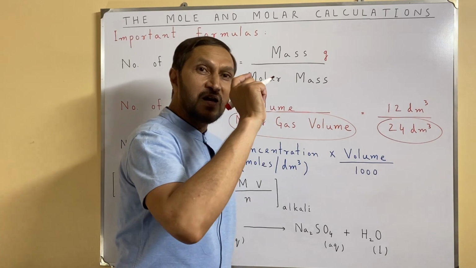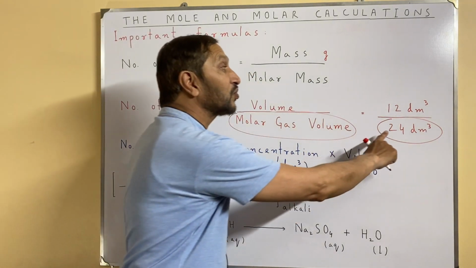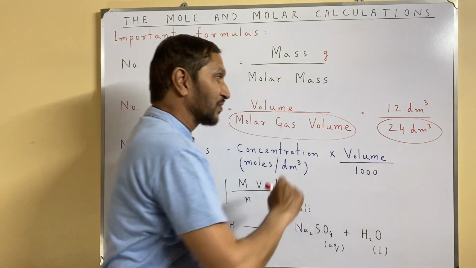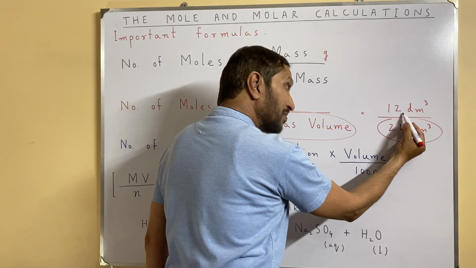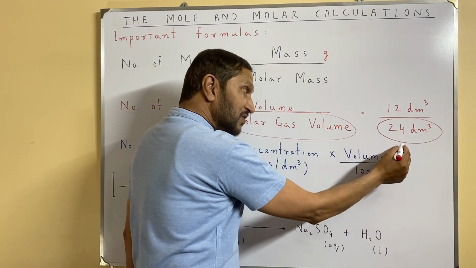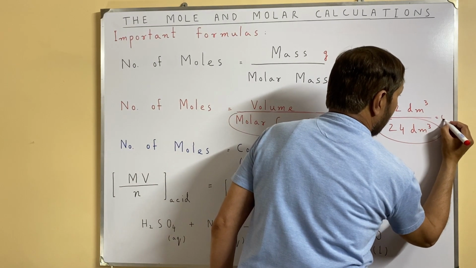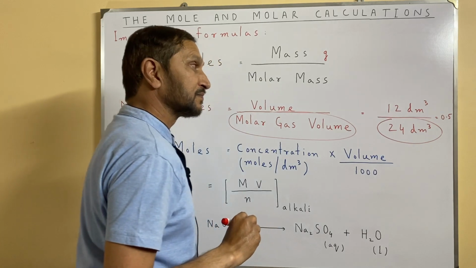If you take 1 mole of sulfur dioxide gas, it will also contain 24 cubic decimeter. So this is a constant value. For example, if we are taking 12 cubic decimeter, and the molar gas volume is 24, the answer will be 0.5 moles. This will be the number of moles.